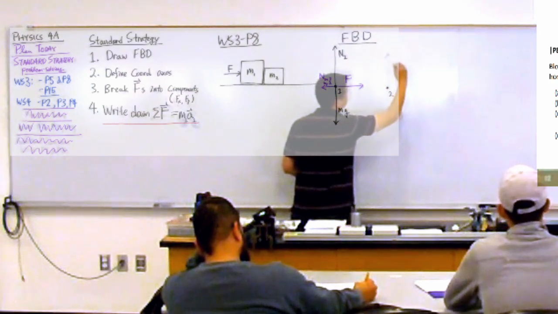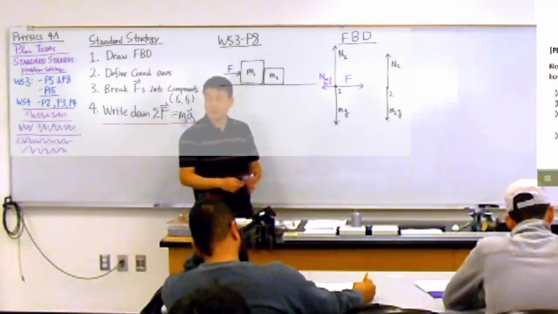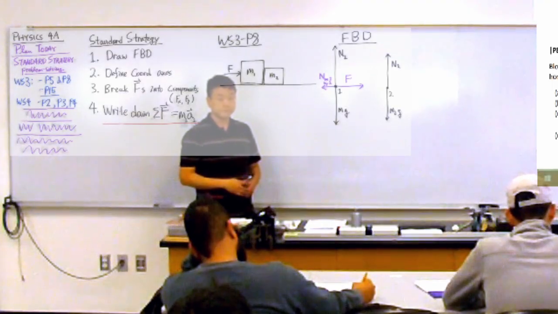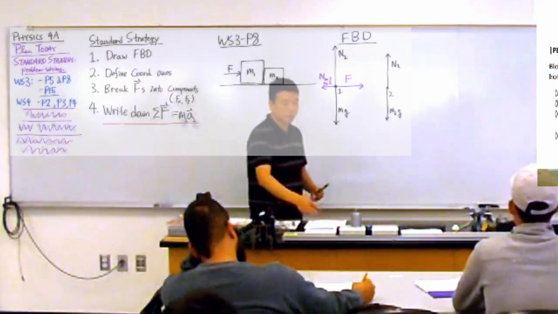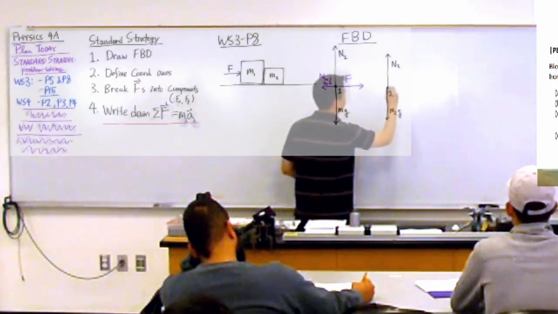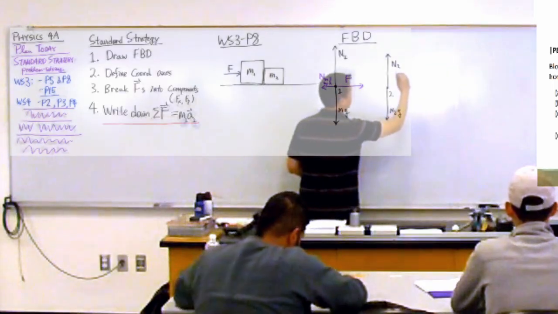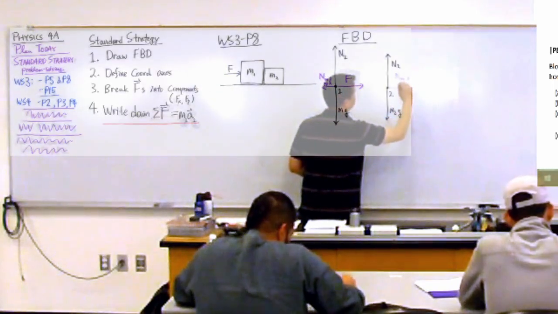So these are, once again, uninteresting forces if we won't do anything with them. Any other forces on block 2? Block 1 is touching block 2, so it's pushing it also. I can call that normal force. It's pushing it to the right, right? So normal force on block 2 by block 1.